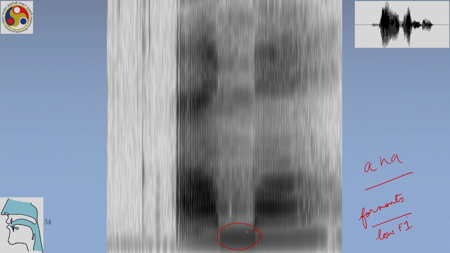However, you can see that unlike the vowels, you can see these dark formant regions, but in nasals the formants will be very weak. So even though I have not transcribed this, you can easily see that this is a nasal, because you can see a formant which is there, a very low F1, but the formants are very dampened. That is a characteristic of nasals.